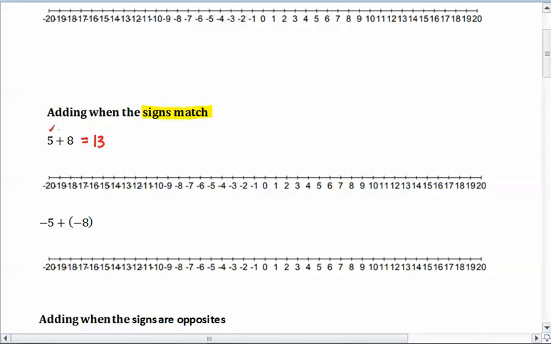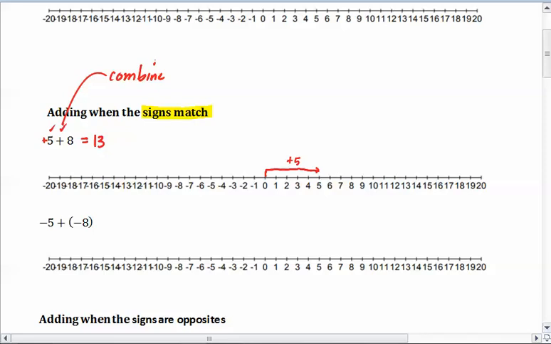If I want to place a 5 on the number line and it's a positive, then that means I'm going to start at 0 and I'm going to go 5 in the positive direction. So this is a positive 5, and therefore I go from 0 to positive 5. I go 5 this way. Now, because it's plus, that means I'm going to combine. So plus from now on is going to mean combine.